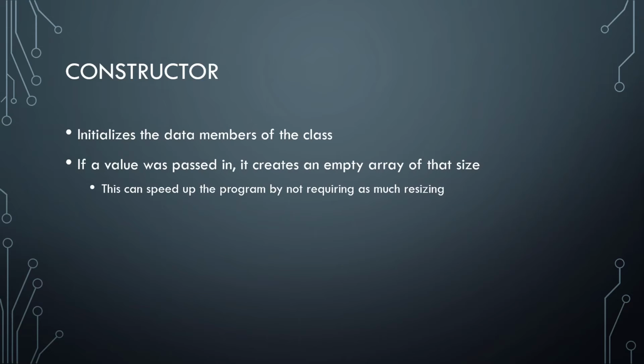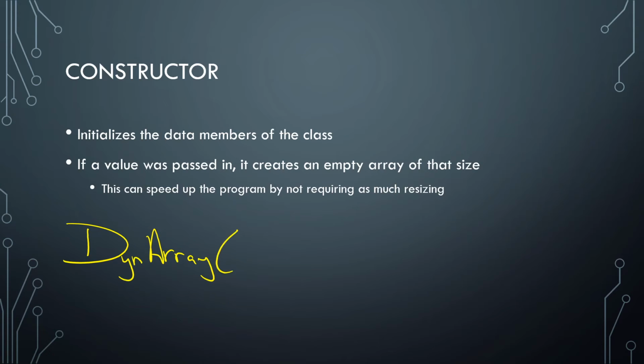Our constructor, much like the constructor of any other class, is designed to initialize the data members of the class. Now, in order to make this constructor a little bit more flexible, we're going to have the option to pass in a data member to let us know what we want to start that array at. So our constructor will look something like this.